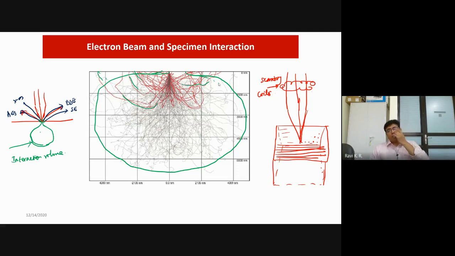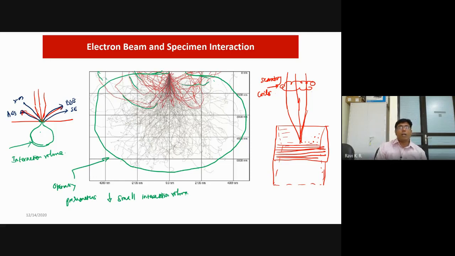But this interaction volume varies based on several operating parameters. That is what we are going to control. We would like to have the smallest possible interaction volume.